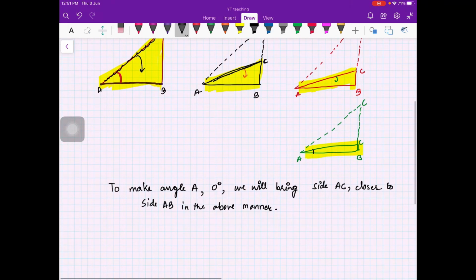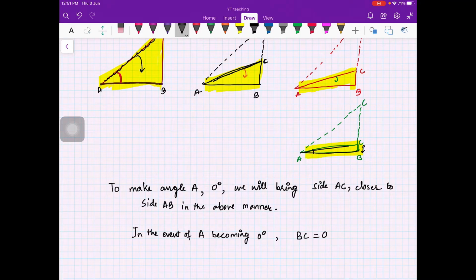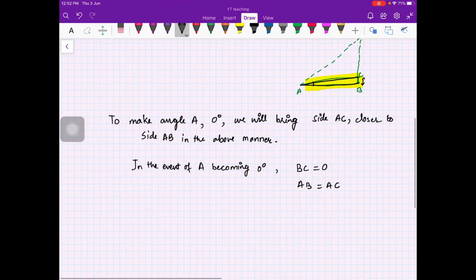Can you tell me what will finally happen? When your angle A becomes 0, BC will be 0, and AB and AC will coincide. AB and AC will be the same. Although we cannot plot an angle of 0 degree, you can think about it like this: this is a very small angle ABC.